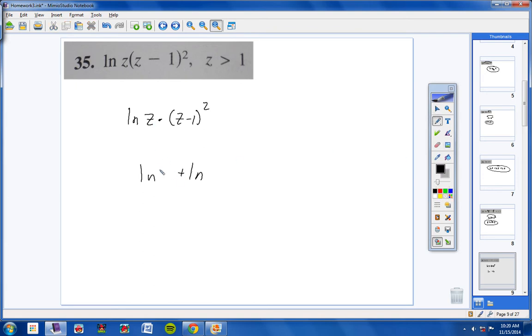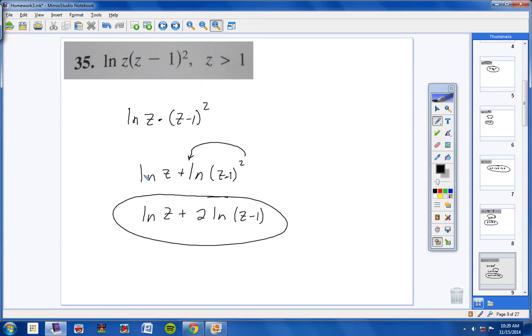So natural log of z plus the natural log of z minus 1 squared. And now this 2 goes right here. So my final answer is natural log of z plus 2 natural log of z minus 1. Booyah. Here we go. Done.